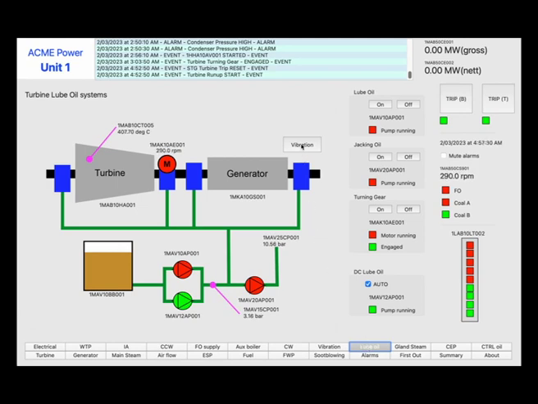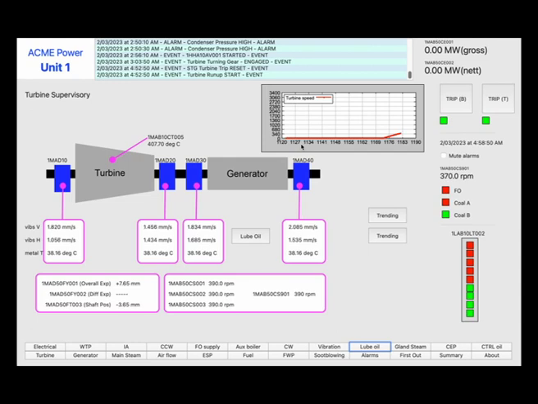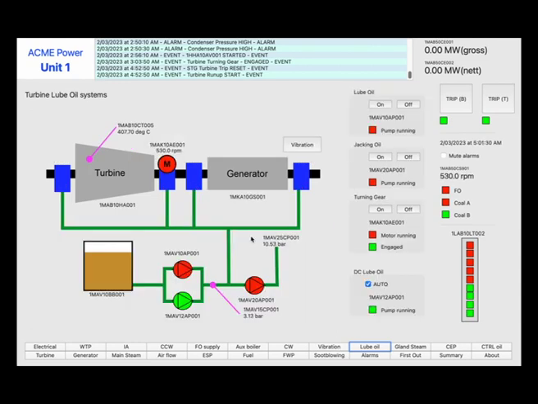Turbine turning gear will disengage as turbine rotor speed increases above 34 revolutions per minute. Turbine turning gear motor will stop when rotor speed is greater than 990 rpm.